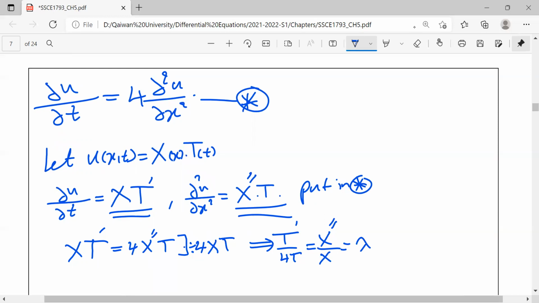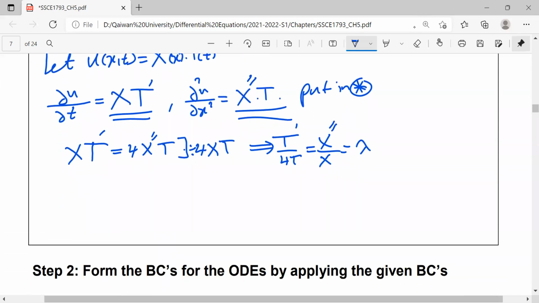So both are equal to lambda. That means t prime over 4t equals lambda, and x double prime over x equals lambda.